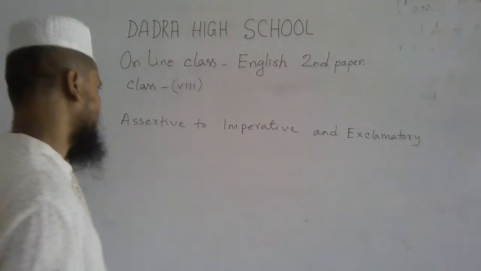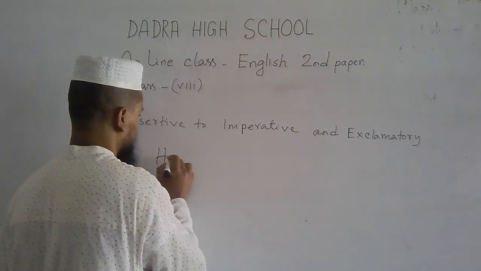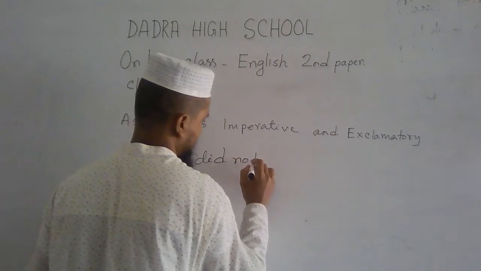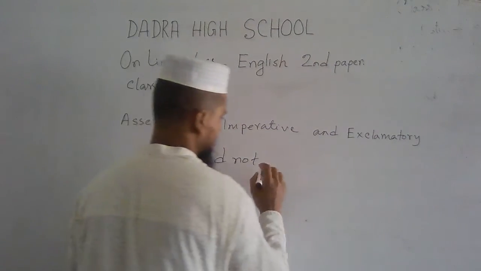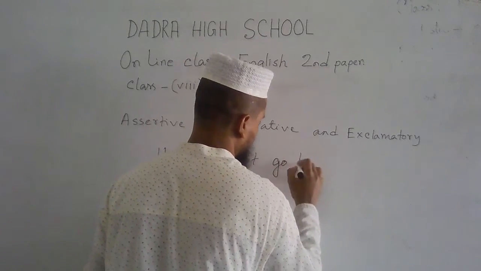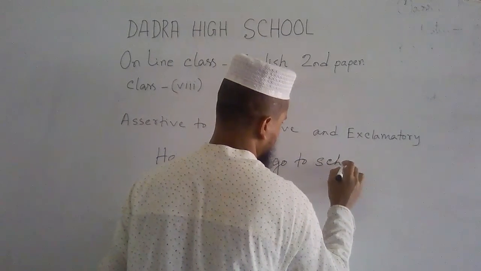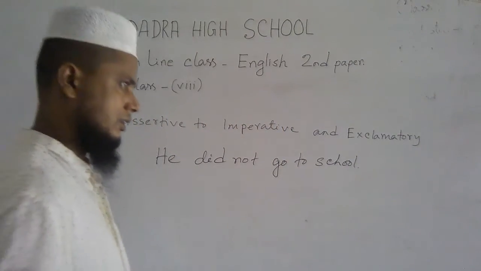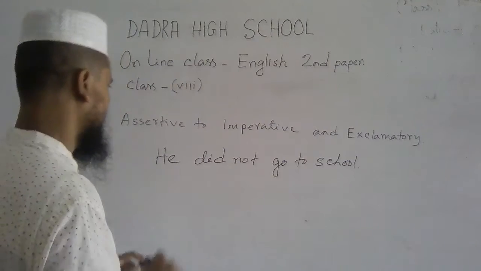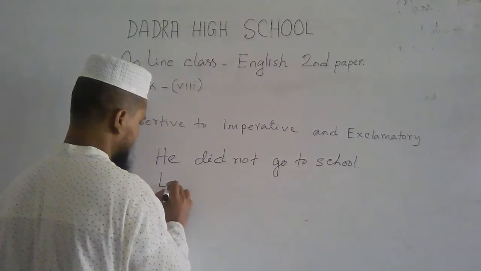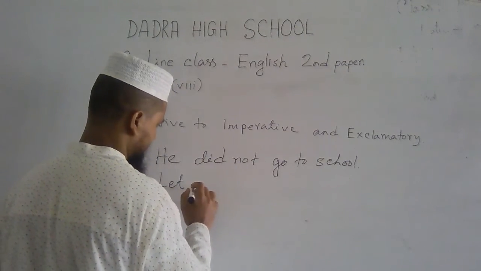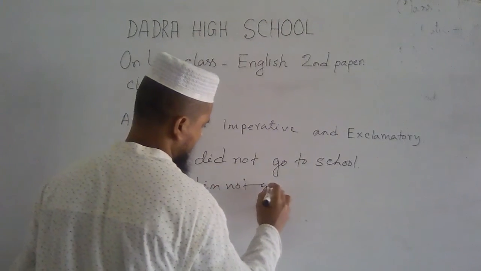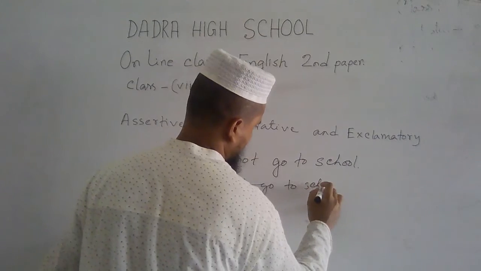Suppose, he did not go to school. This is the sentence and you are asked to make it imperative. You will make it imperative by using let: let him not go to school.